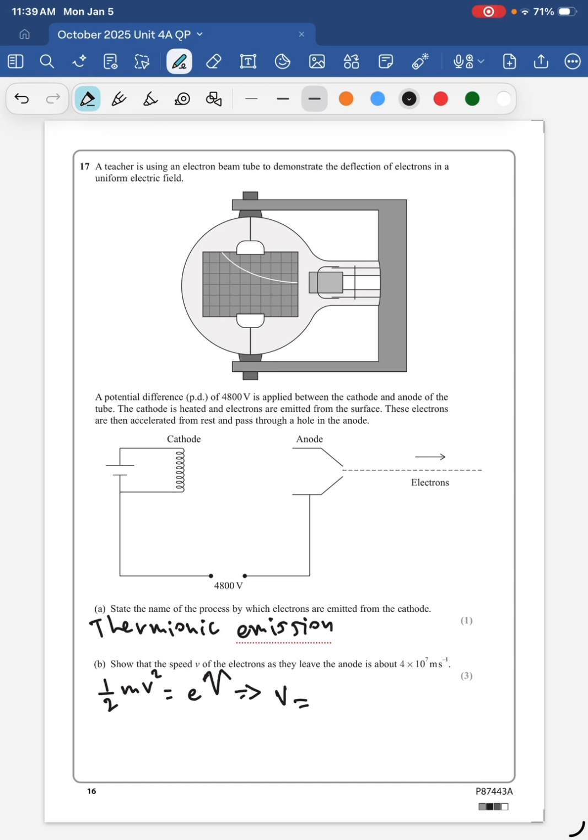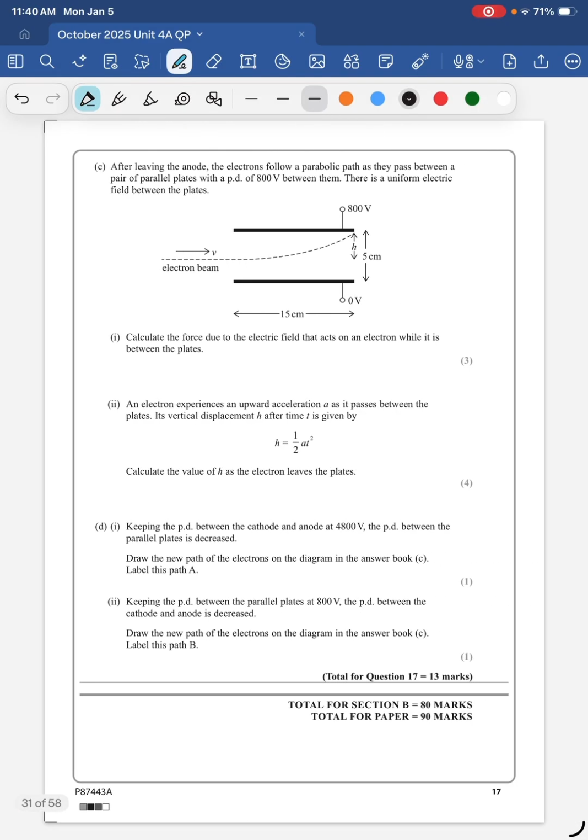So the velocity of the electrons is simply the square root of 2 times e times the voltage over the mass of the electrons. And if you plug in numbers, you will find 4.11 times 10 to the 7 meters per second, which is about 4 times 10 to the 7 meters per second as requested.